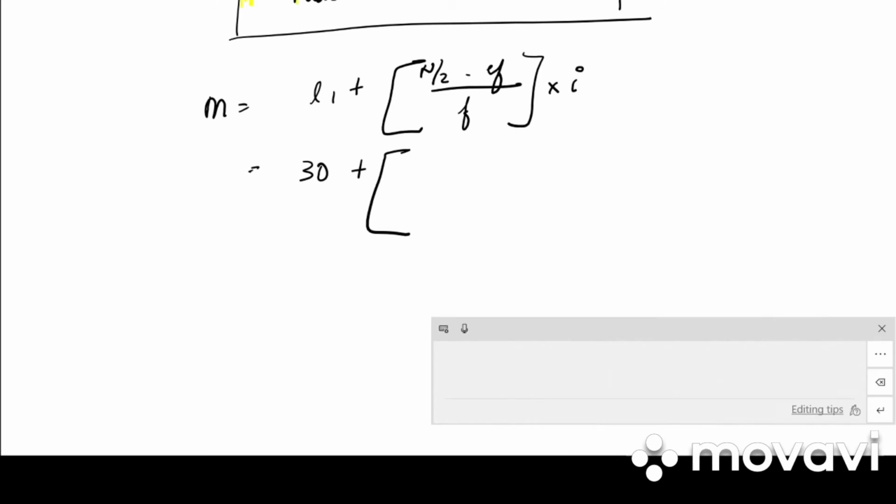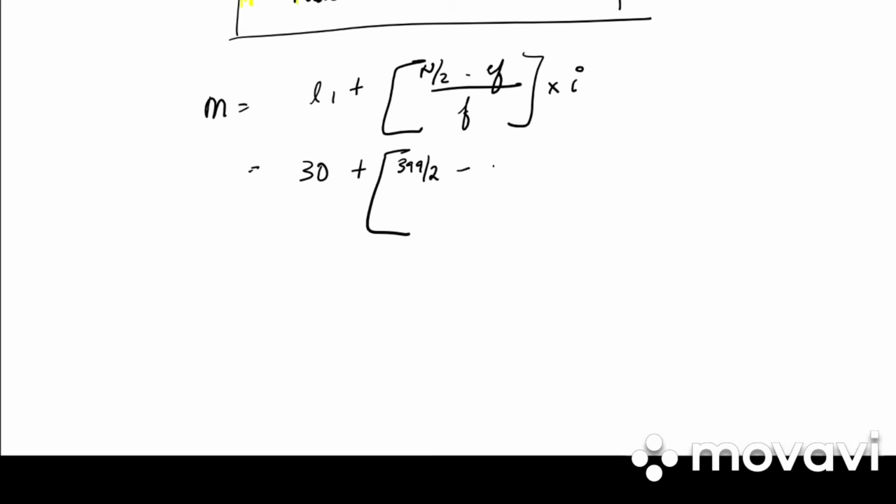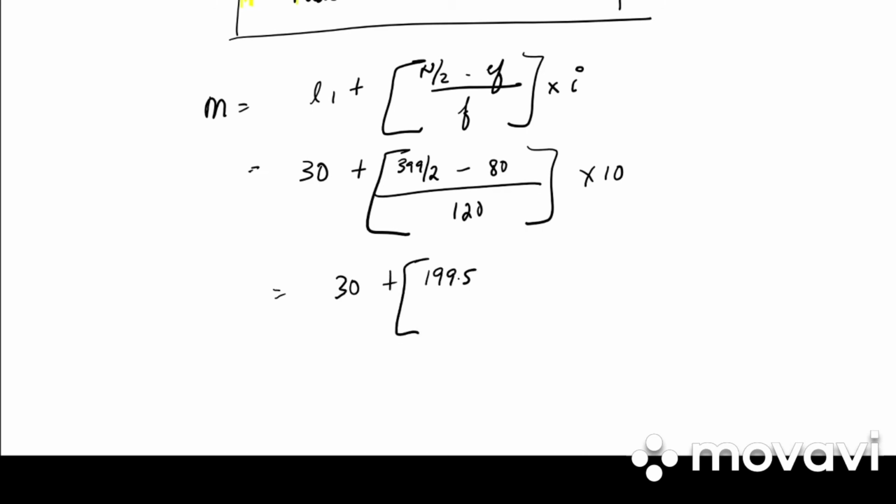So n divided by 2, 399 divided by 2, minus cumulative frequency 80, frequency is 120, I is 10. So 30 plus 199.5 minus 80 divided by 120 into 10.